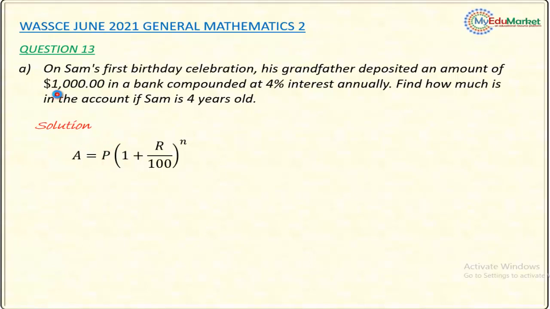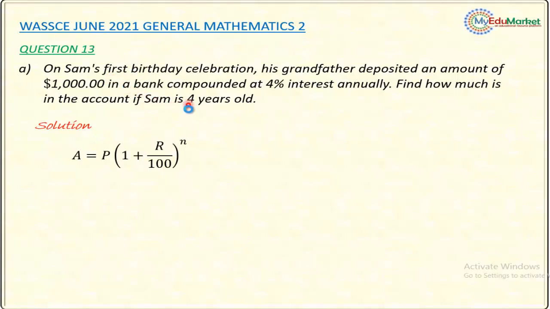The P is the original money deposited, which is $1,000. The R is the rate, which is 4%, and the N is the number of years. In the question it says we are interested in the final amount when Sam is 4 years old. 4 years old is after 3 years from his first birthday, because the first birthday occurs when Sam is just 1 year.